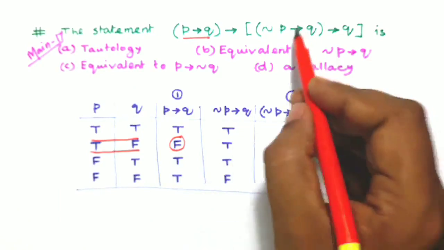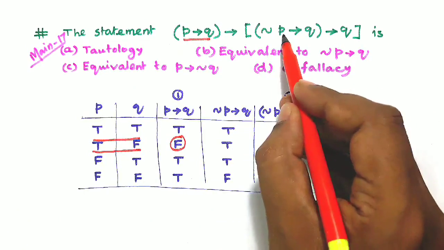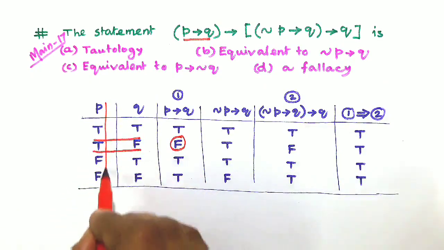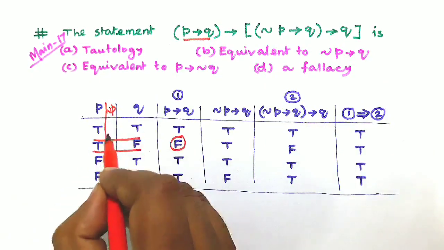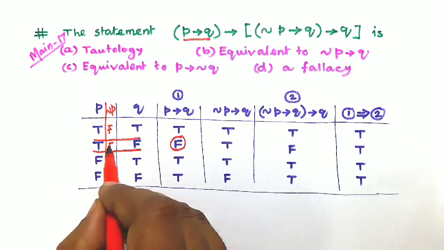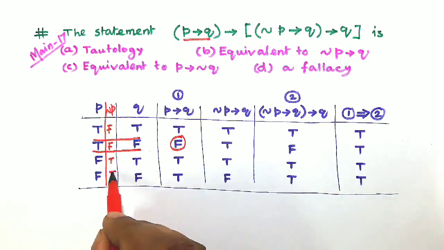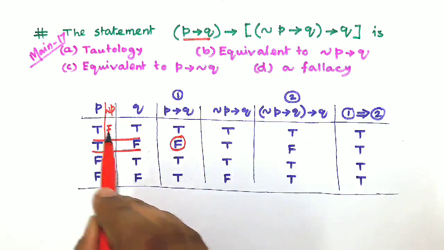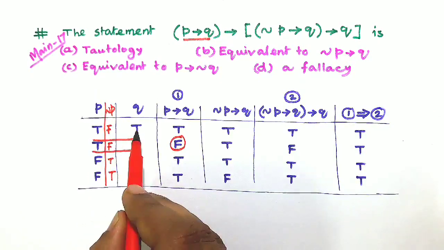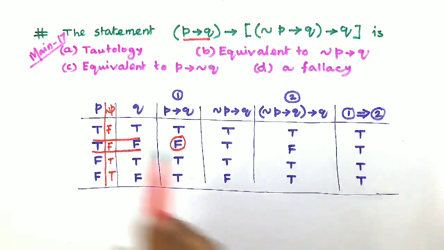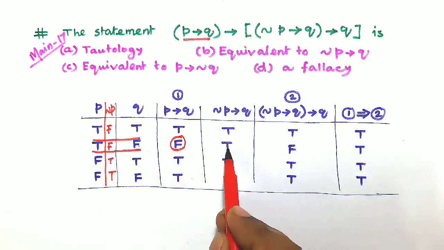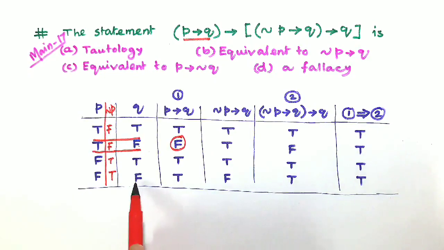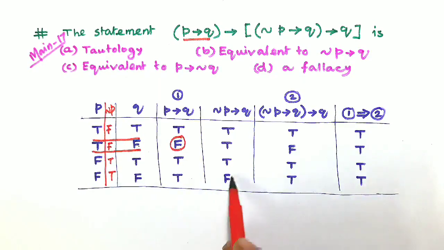And second, we see that negation P implies Q. What is negation P? Negation of P means F, F, T, T. So negation P implies Q: F implies T is T, F implies F is T, T implies T is T, and T implies F, we said earlier, is false.